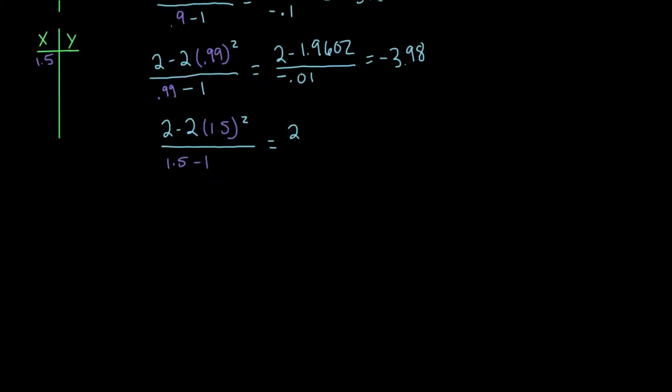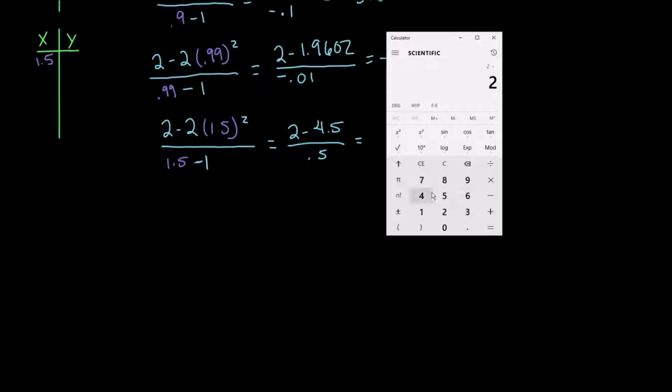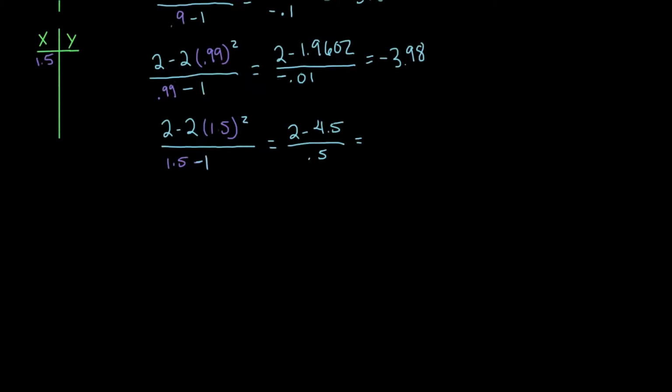We have 2 minus 4.5, divided by 1.5 minus 1, which is just 0.5. And this equals 2 minus 4.5 divided by 0.5, negative 5. Go ahead and add this.